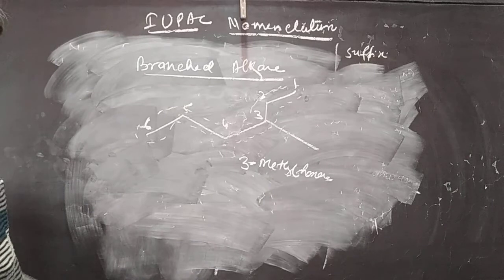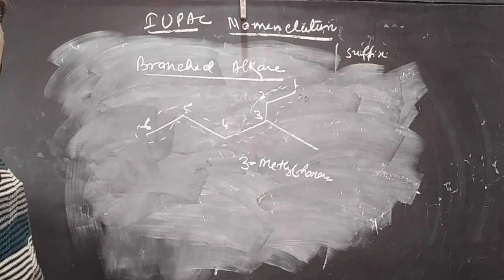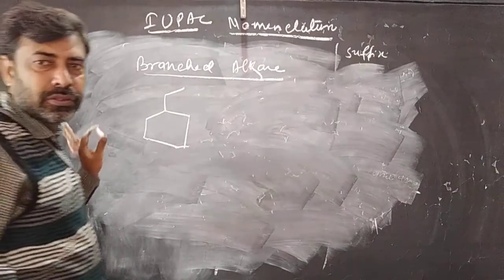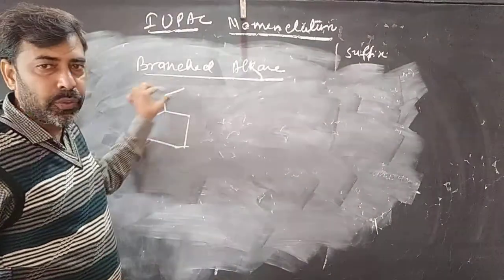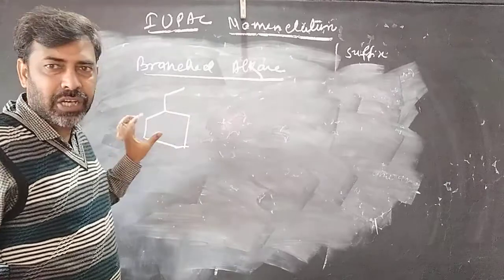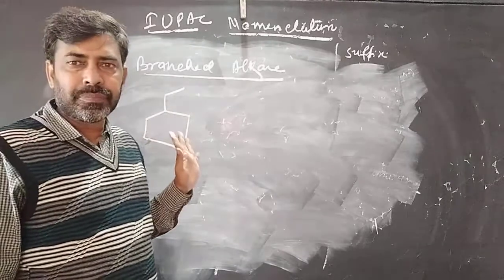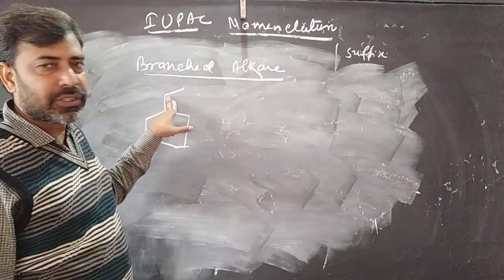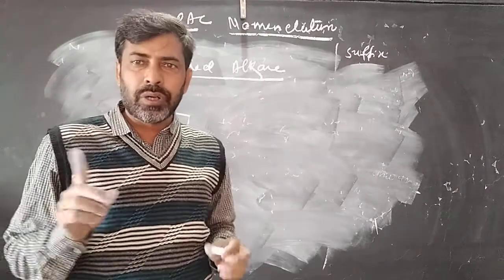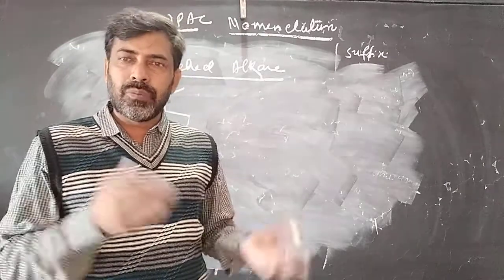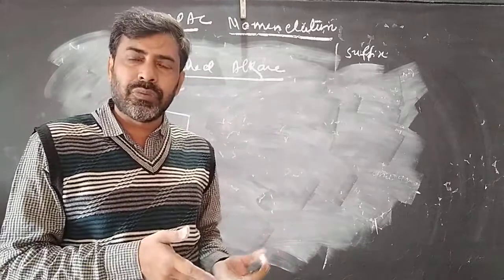Now we are going to see a cyclic compound. So here, which one is the main chain? This one has only 2 carbons and the cycle has 6 carbons. So the cycle is the main chain, and this is the branch. Where is the branch? In the case of a cyclic system, if only one group is attached, the numbering will start from the position where the group is attached.